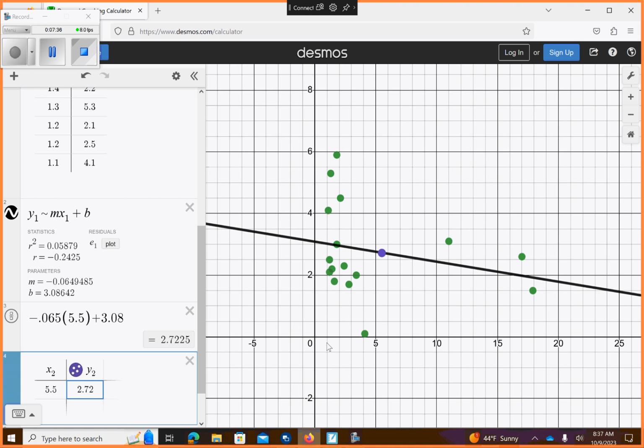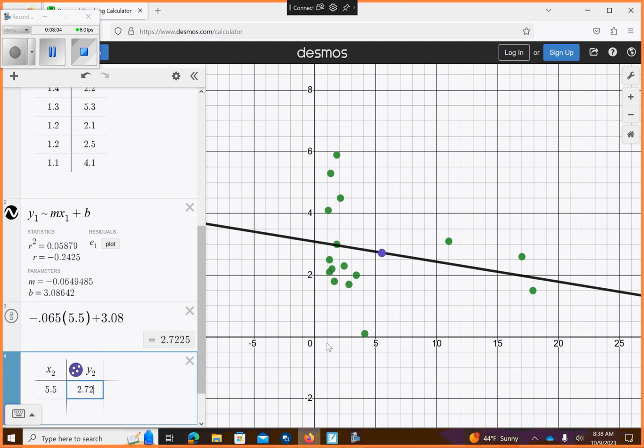So the y-intercept is going to be 3.08. So 3.08 is the inflation rate if we have 0% gross domestic product. But just realize that the y-intercept is extrapolation. It's outside of our data. We shouldn't trust it.